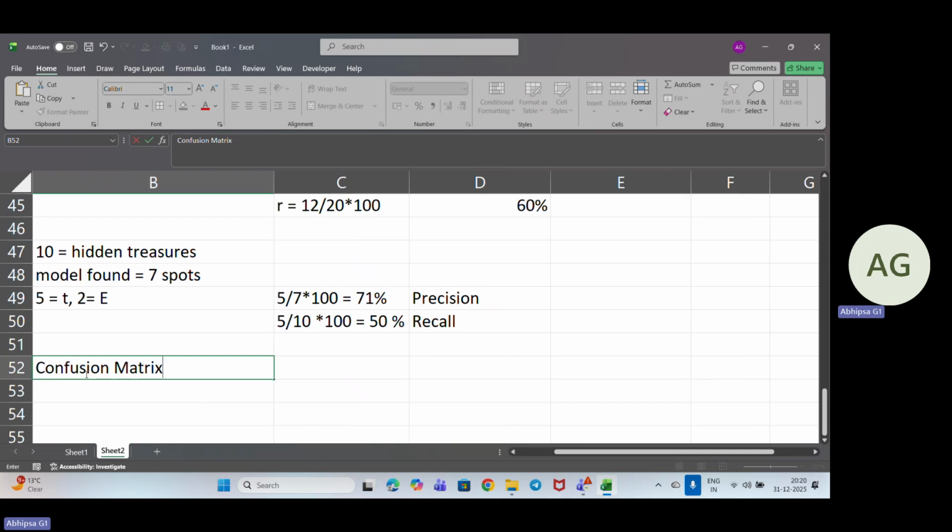We have discussed accuracy, precision, recall. Now we will dive into the confusion matrix. The confusion matrix is basically a table that shows how many things the model guessed correctly and how many it got wrong.